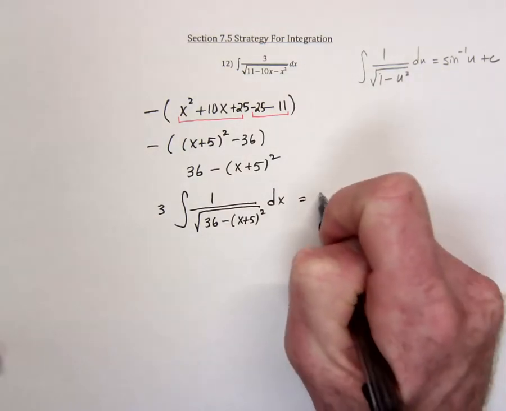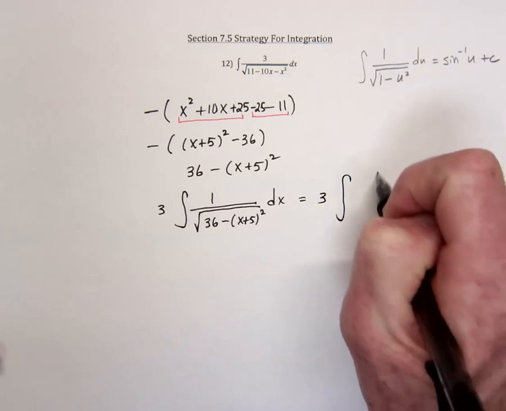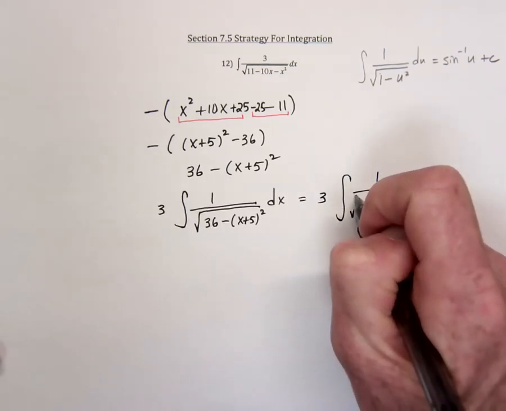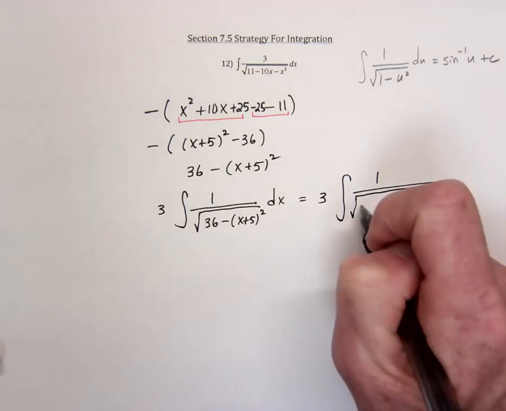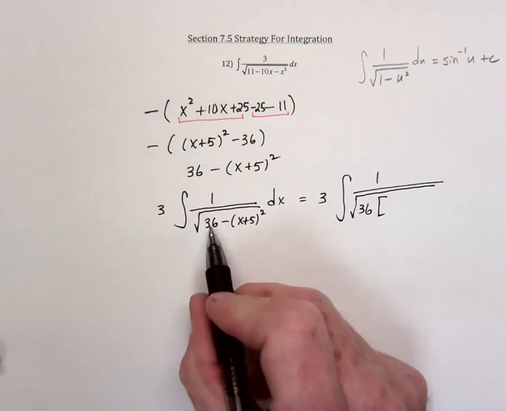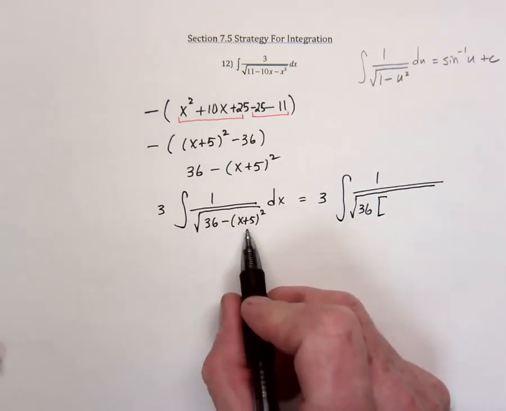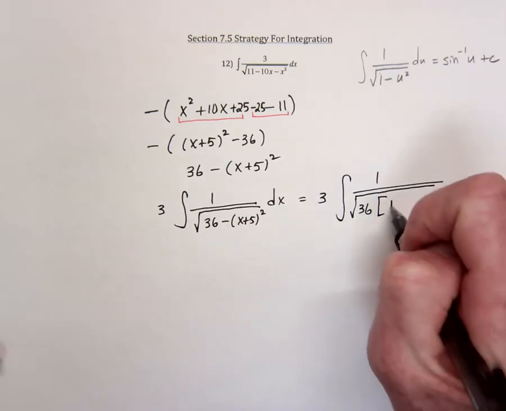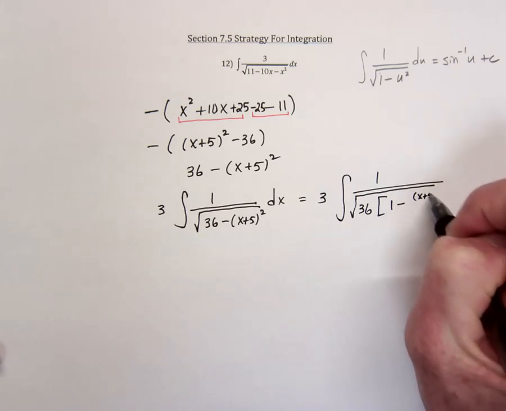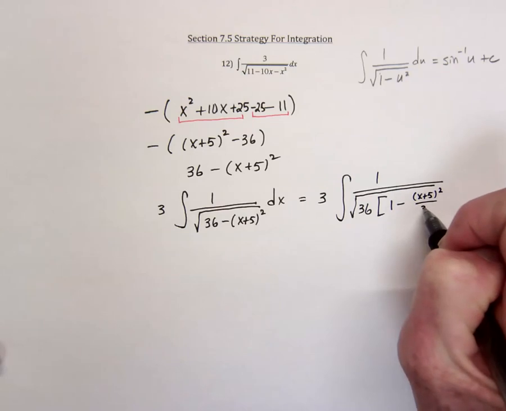So I need to factor a 36 out of this, so I'm still working inside of the square root, and then divide a 36 out of this, divide this by 36 as well, so we'd have 1 minus x plus 5 squared over 36.